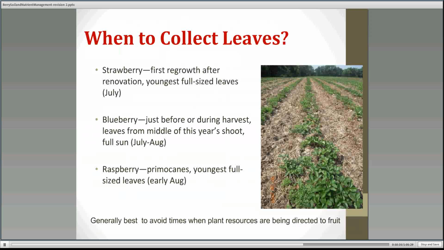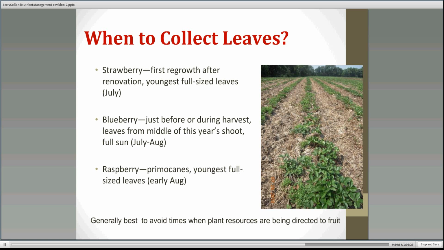So when would you need to collect leaves for the analysis? Typically, strawberry leaves are collected after renovation, and we're looking for the first regrowth, the youngest full-size leaves, and those are usually collected toward the middle to the end of July.